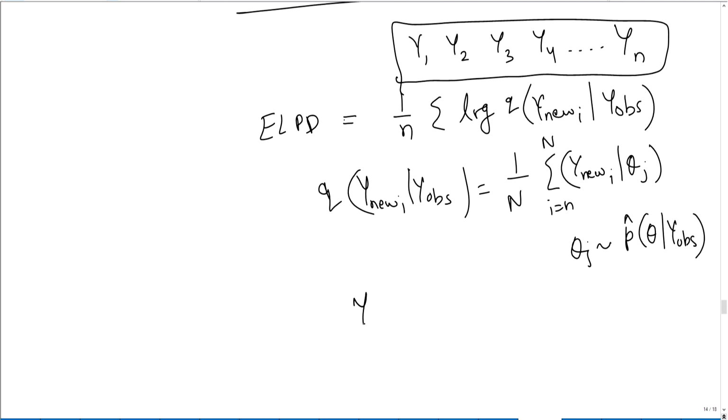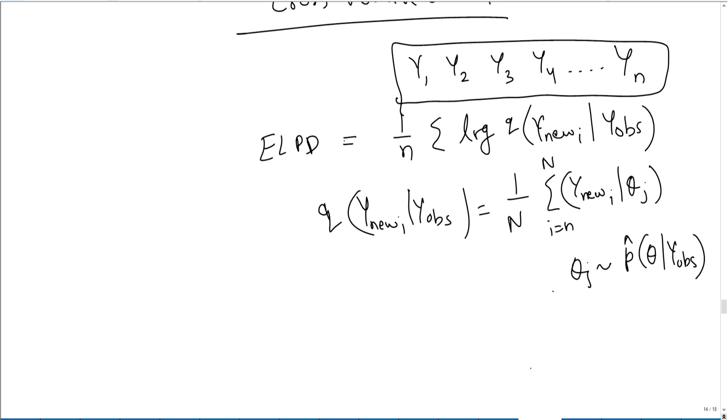So let's say yi comes from normal mu i sigma, where mu i equals alpha plus beta times some factor xi, right. It could be any model, a very simple regression model. That's not the point. So let's say you want to calculate predictive accuracy of your model using the ELPD formula. How would you compute ELPD of your model?